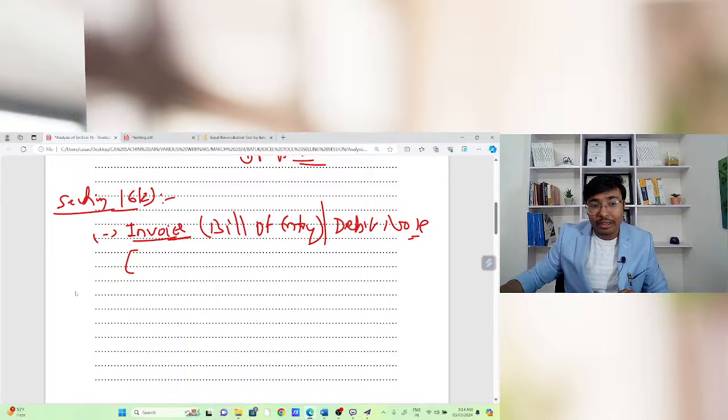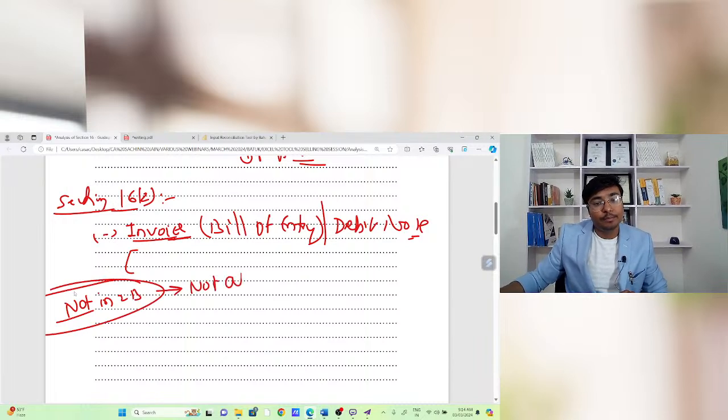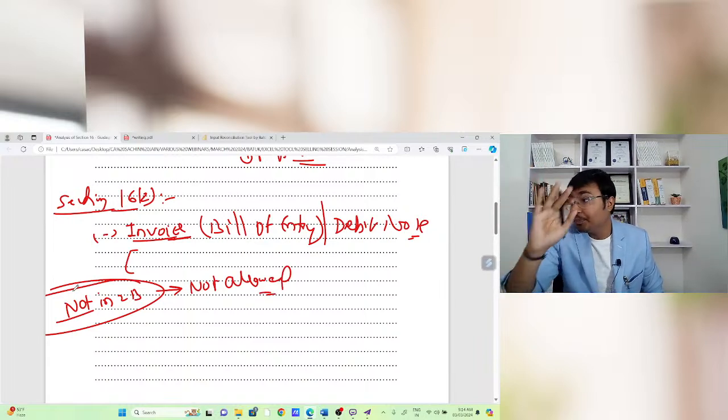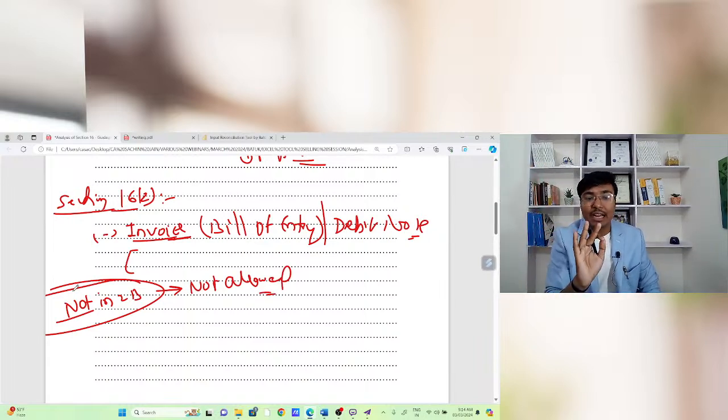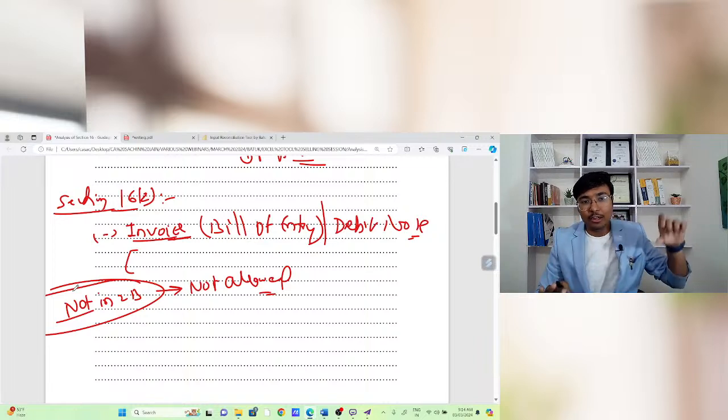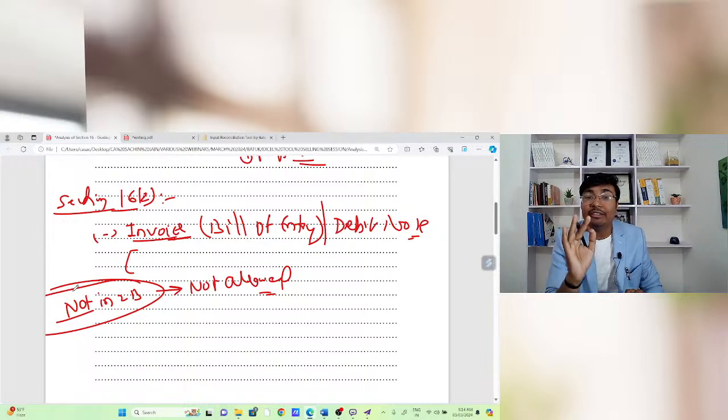Our focus is mostly on checking the invoices which are not in GSTR 2B, and we say that this input is not allowed. That is what we do. Just confirm once that we focus on this while doing reconciliations, that this input is not available in 2B, hence it is not allowed. Am I right?